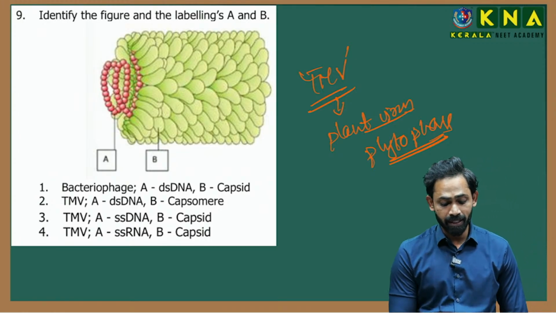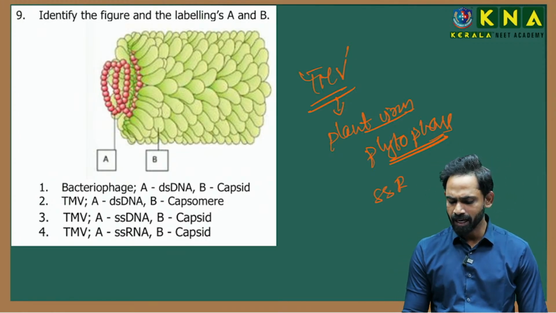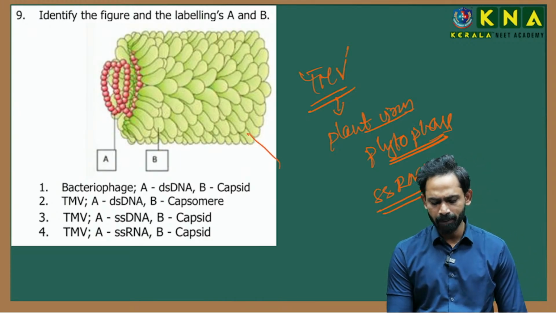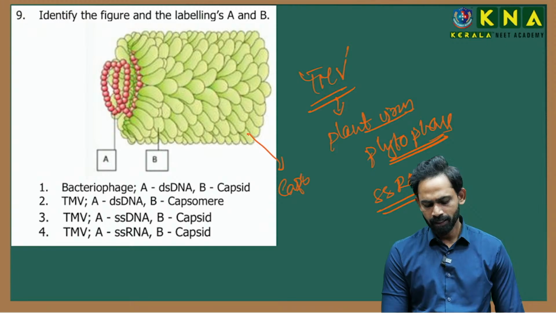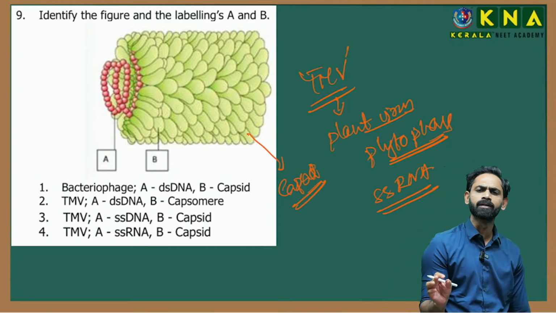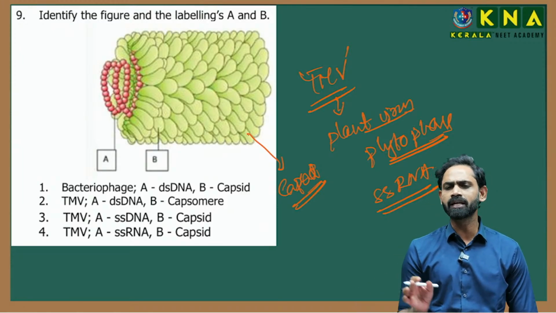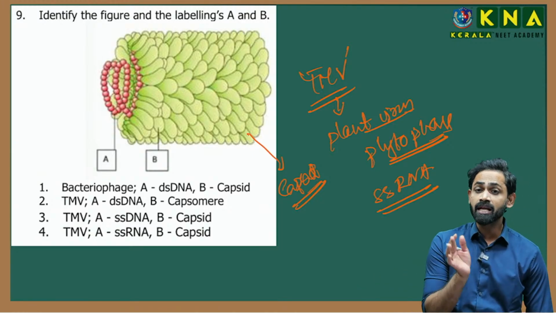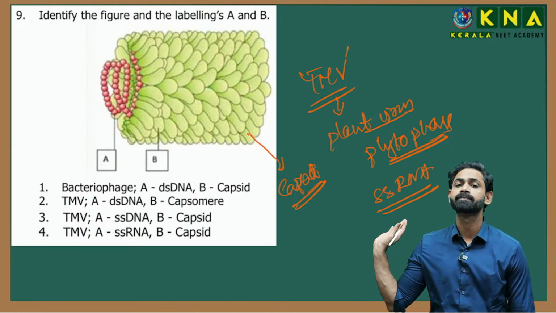What is the genetic material here? This is single stranded RNA. This one, B, represents the capsid. Capsid is made up of capsomers. It's very fundamental knowledge. A virus consists of genetic material, either RNA or DNA.